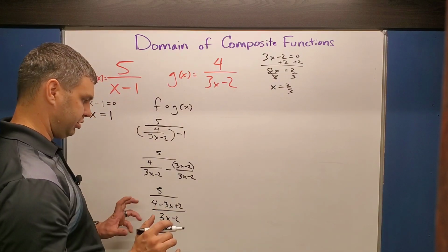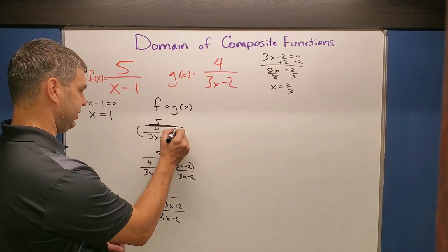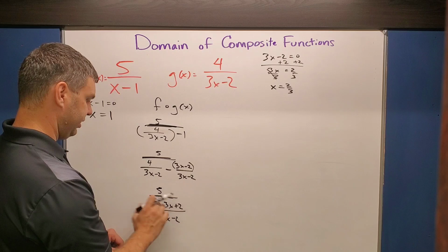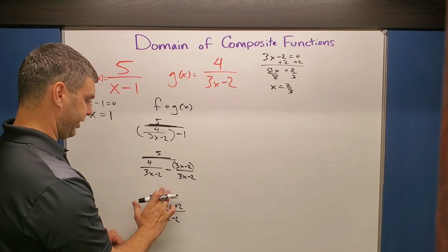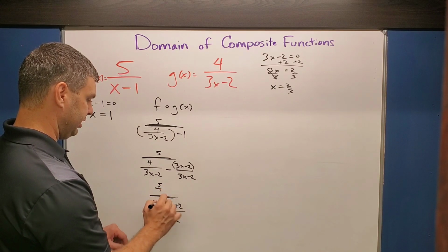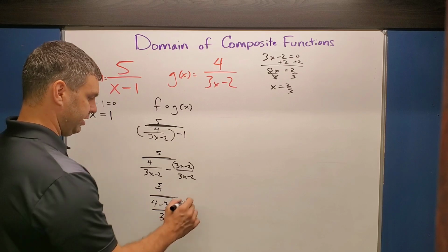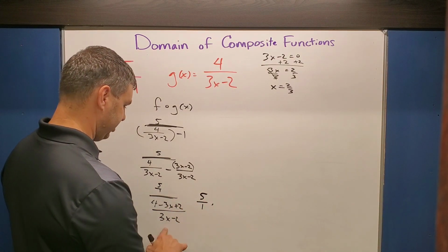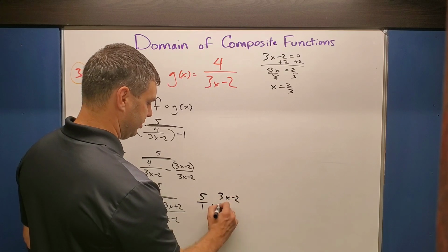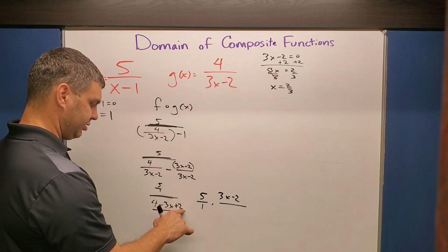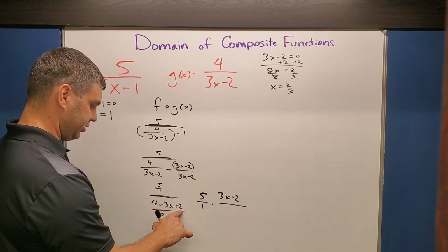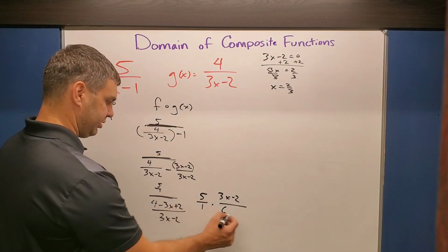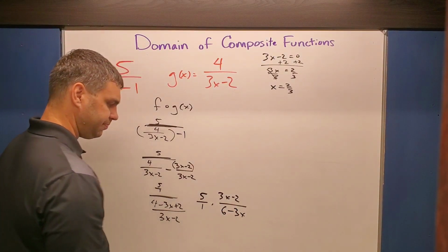Now, our big fraction here is the one below the 5. Instead of 5 over 1, I'm going to flip and multiply this guy. And this is where it gets interesting, because now it's 5 over 1 times 3x minus 2 over 4 plus 2, which is 6 minus 3x. I'm kind of simplifying as I go here.